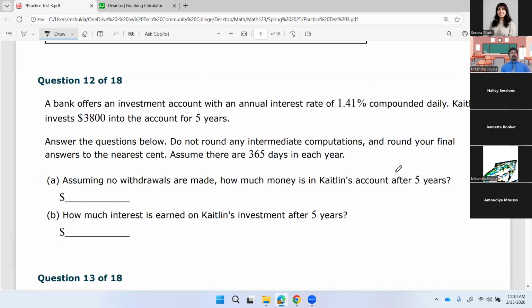Okay. Number 12. A bank offers an investment account with an annual interest rate of 1.41% compounded daily. Hey, there's our hint. I have a compounded interest problem. I can just stop reading and just write down to the side some balance. It's going to equal my principal times 1 plus my rate over the number of times I compound, being raised to the time times the number of times I compound.